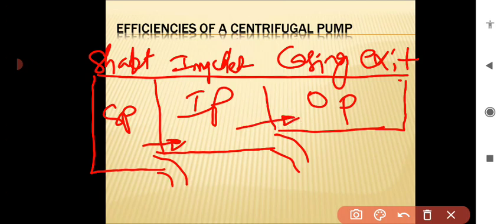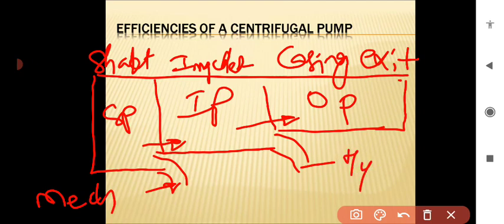The power transmitted from the shaft of the impeller to water decreases as shown here due to mechanical and hydraulic losses. Here it is the mechanical losses, and here it is the hydraulic losses. So this is the diagram.